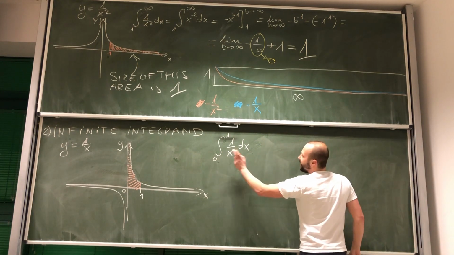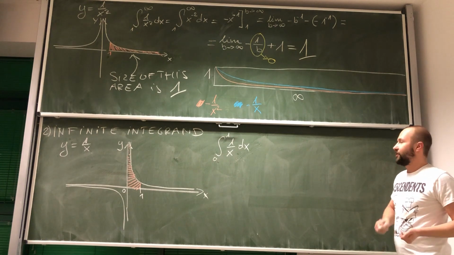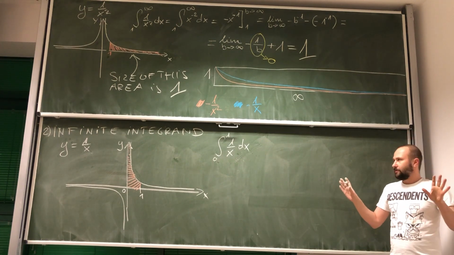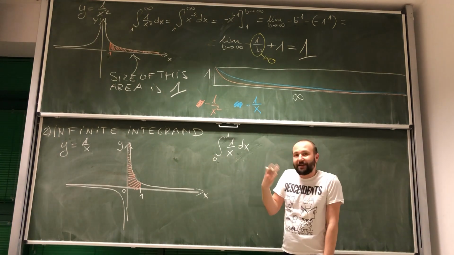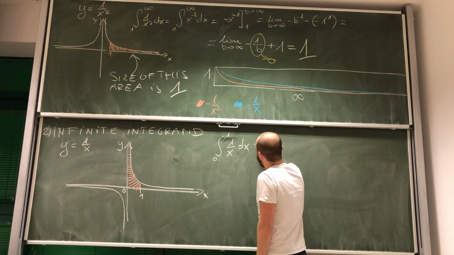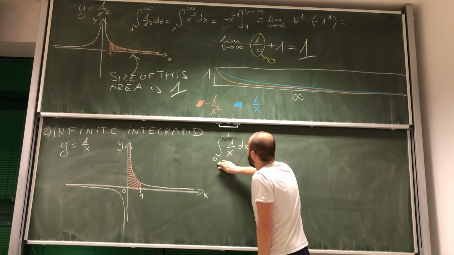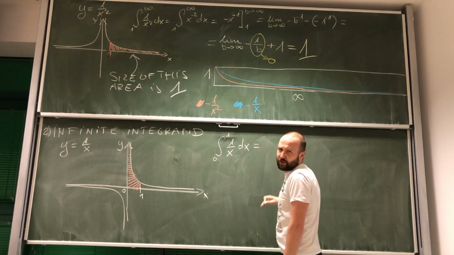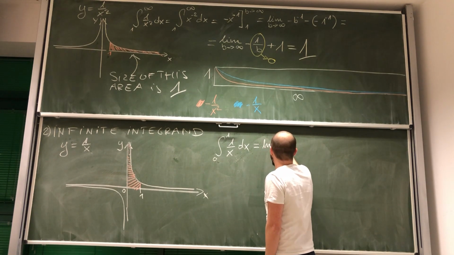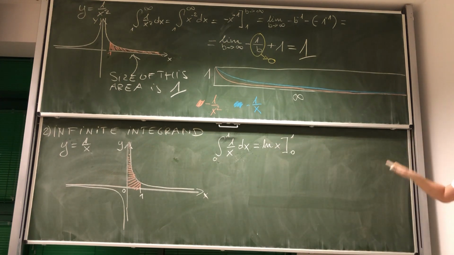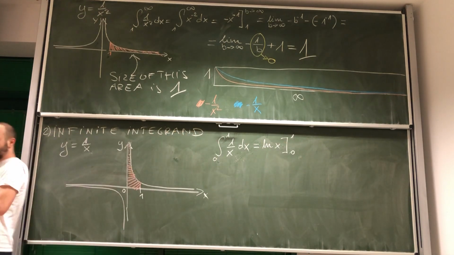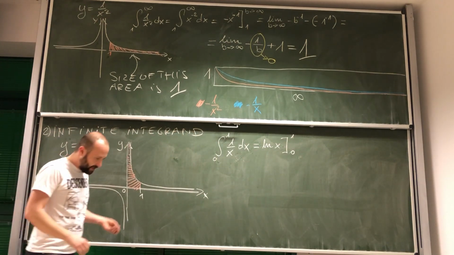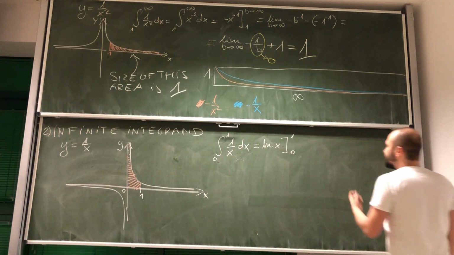Why? Well, we cannot substitute 0 in function 1 over x. But then, we still haven't integrated this function. Oh, but this problem is not resolved once we do. Because if I integrate this between 0 and 1, I don't need to use absolute value, and I'm getting ln x, and then 1 and 0. And again, I cannot substitute 0 into the natural logarithm of x. This expression is not defined.